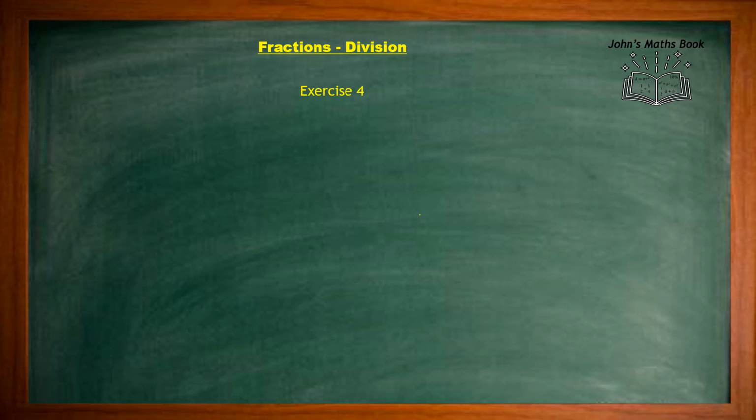For our fourth exercise, let's look at 2/5 divided by 2/7. Pause the video now and see if you can work out the correct answer. In this case, we need to find the reciprocal of the second fraction and multiply it by the first. The first fraction is 2/5 multiplied by the reciprocal of 2/7, which is 7/2.